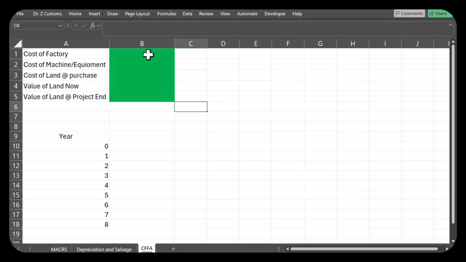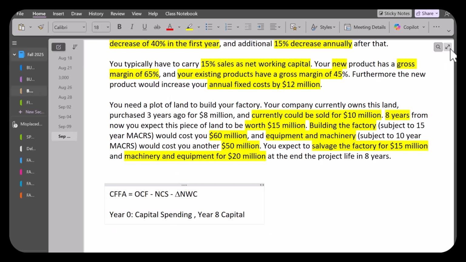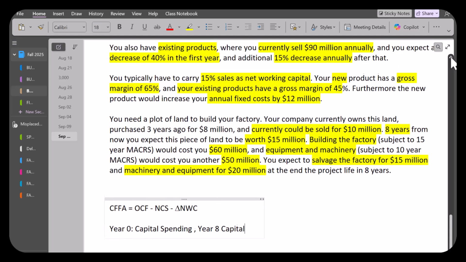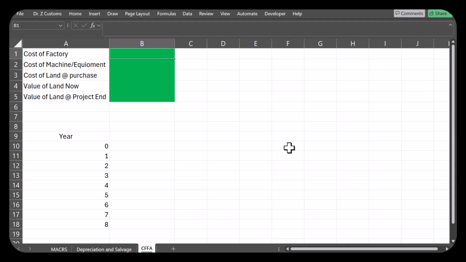All right. Factory is going to cost me, just to remind myself, even though I have freakish good memory, 60 million. I got rid of the cents since numbers are so big, who cares?